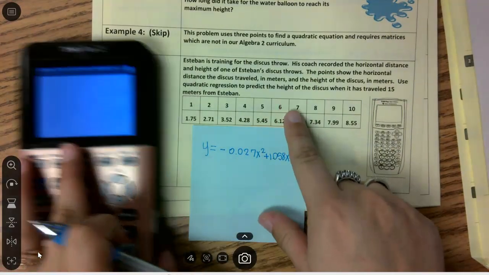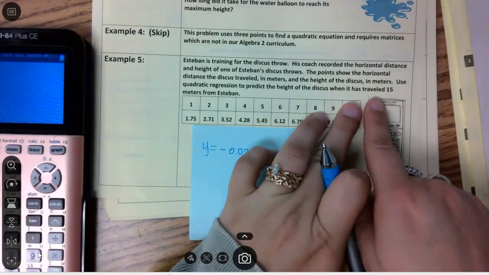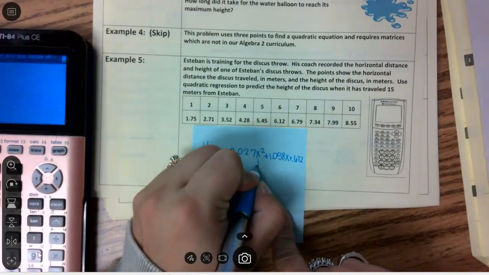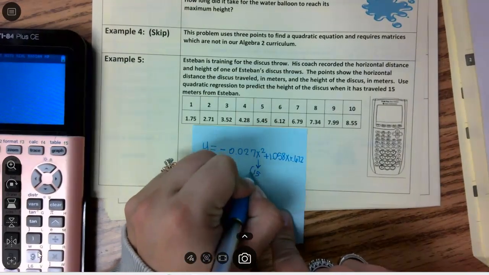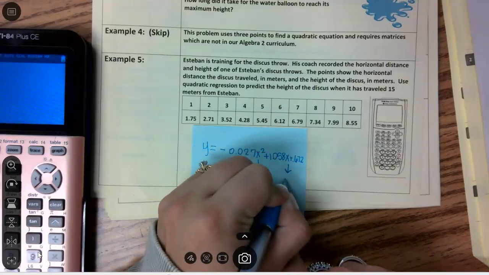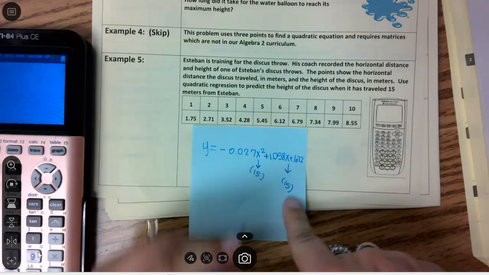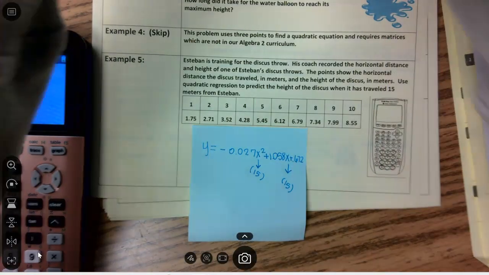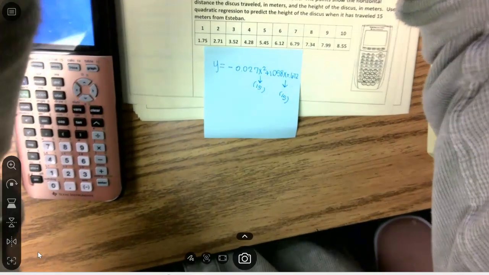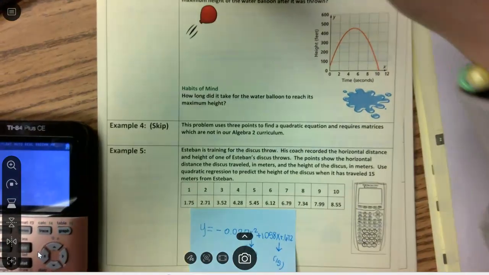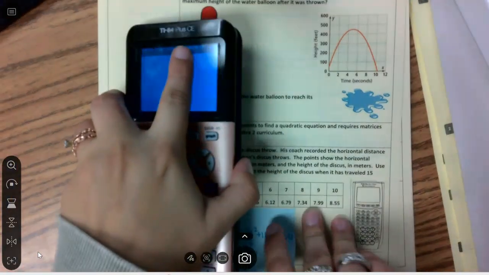To finish up this problem, if he traveled 15 meters, everywhere you see X, you would put 15 in those parentheses, and then plug it into your calculator. Let me show you really quick how to do that on the calculator.